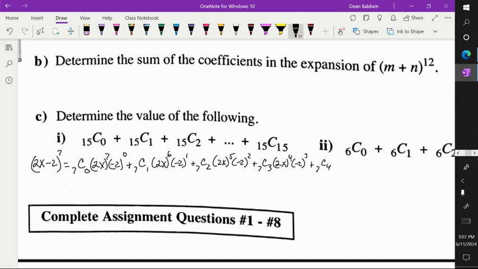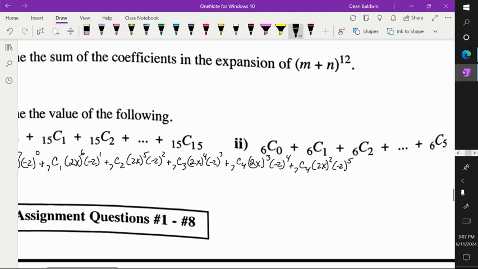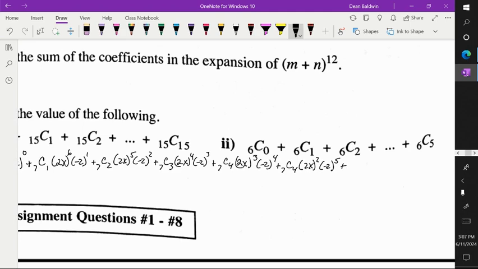Should have picked a smaller number. 1 to the 5. I don't think we're going to calculate it.